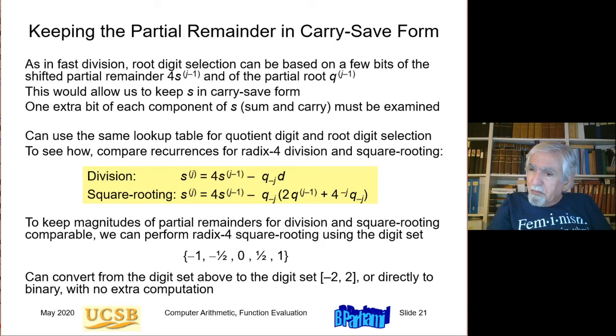Whereas as we are developing the root, the digits of the divisor also emerge one at a time, and therefore we have less information about the divisor, especially at the beginning where we have not yet developed any digits. Okay, so it's a little bit more complicated. This is all I want you to know. We can do it, and the details are provided in some of the end of chapter references.